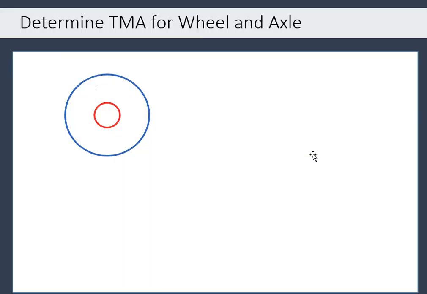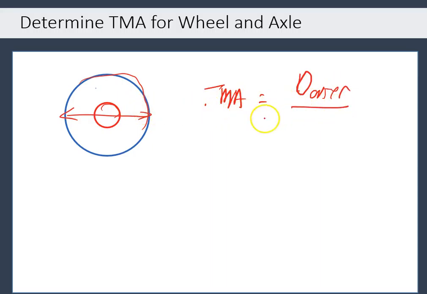Okay, let's clean that up a little bit. Suppose that you're given a knob or anything where you turn a big circle to make a little circle turn. The theoretical mechanical advantage is the outer diameter or big diameter divided by the inner diameter.